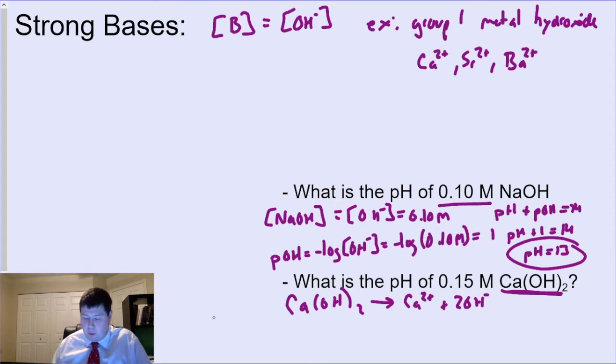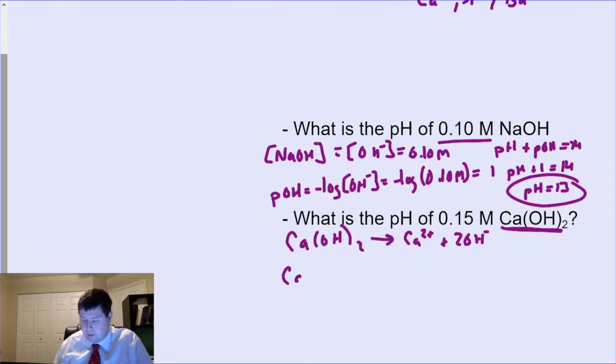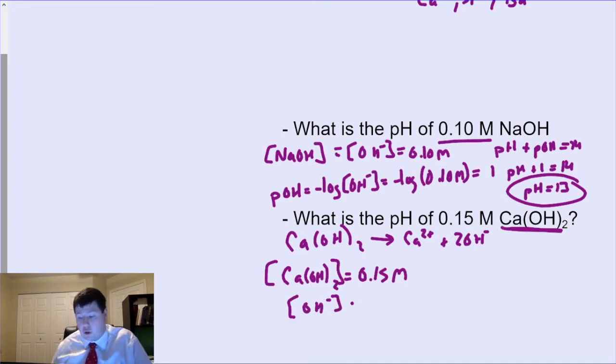And so if my molarity of my calcium hydroxide is 0.15 molar, then my concentration of OH minus is twice that concentration, and therefore 0.30 molar. And so that's the only tricky thing when we're dealing with these strong bases that have multiple OH minus ions.